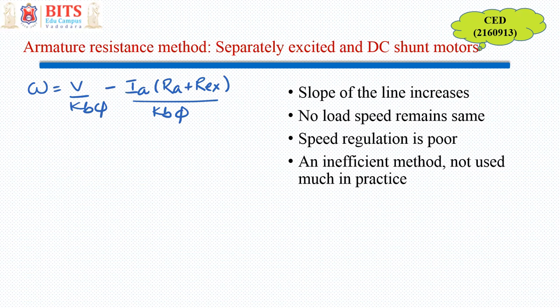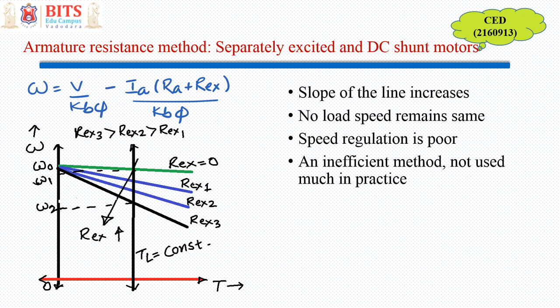No load speed remains the same. Speed regulation is poor, as we already talked about, and as this is an inefficient method, it is not used much in practice. So this is the armature resistance method, which is for the DC shunt motor or separately excited motor. It can be done for both these motors. There is no issue in it, right?